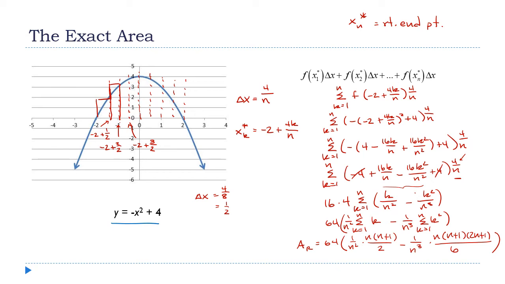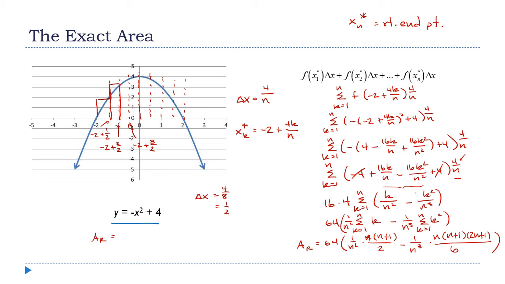Now, here's what I'm going to do. Let's simplify this just a little bit further. I can cancel one of these ends with this one. So A R equals, leave a little space here. I'm going to put something in there in just a minute.